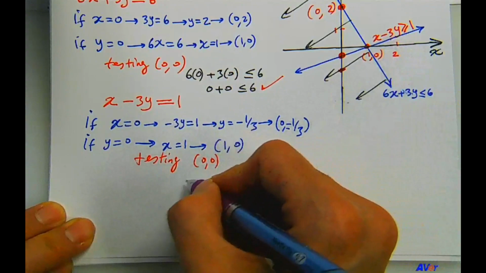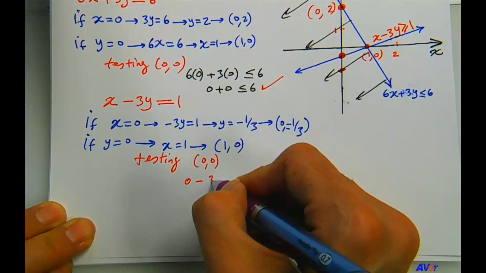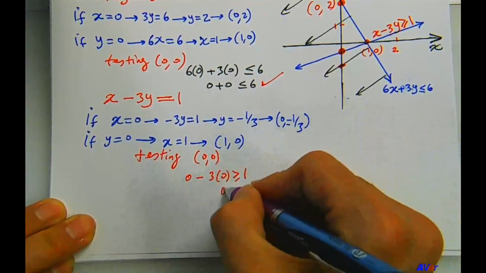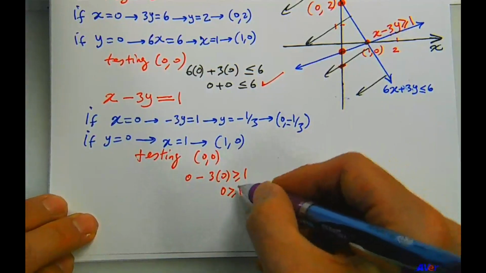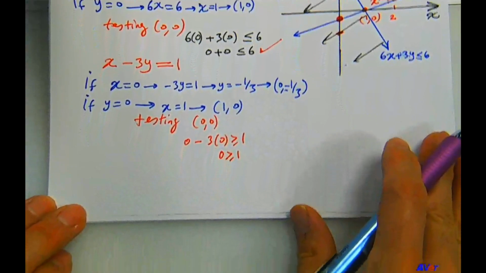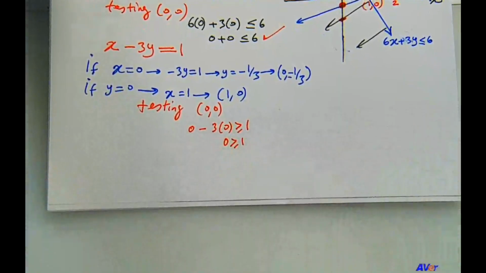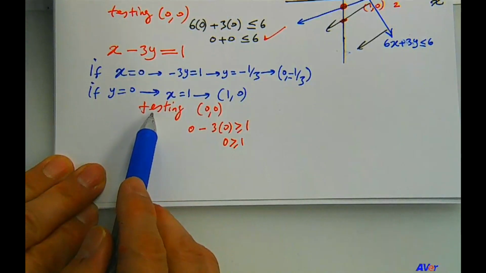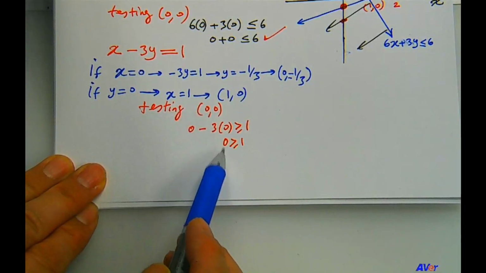If we do that, we get 0 minus 3 times 0 greater than or equal to 1. 0 greater than or equal to 1. Is this a true mathematical statement that we ended up with after picking the test point (0, 0)? Is that true?